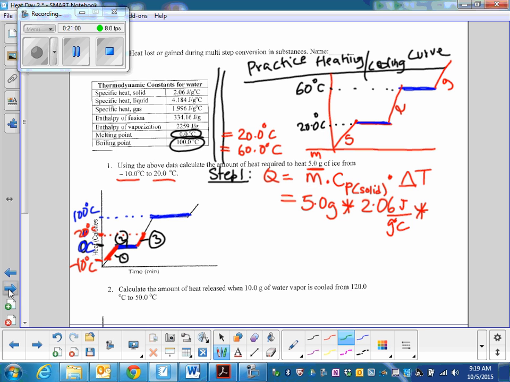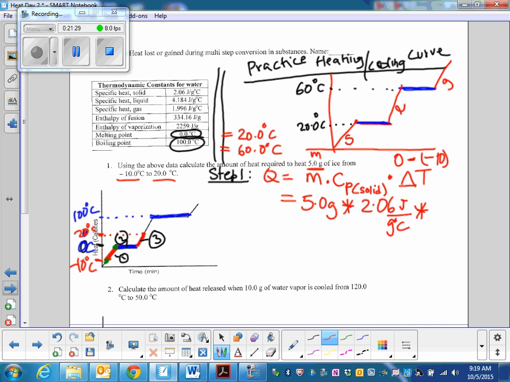For delta T, let's stop and think. It's going from minus 10 to what temperature? 0. What is my final temperature? 0. What is my initial temperature? Negative 10. 0 minus negative 10 will be my change in temperature.